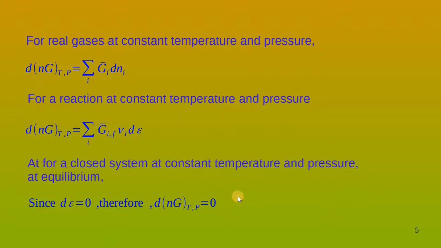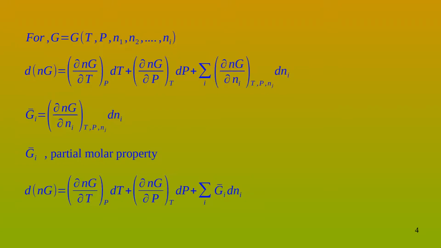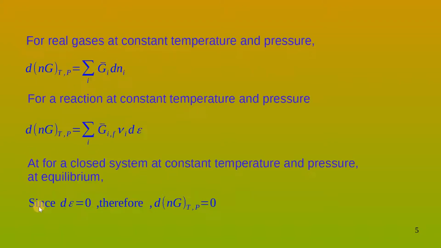Now, for real gases, we will talk about only mixtures which are nothing but gases. For real gases at constant temperature and pressure, the equation that we have here just comes down to this. Why?